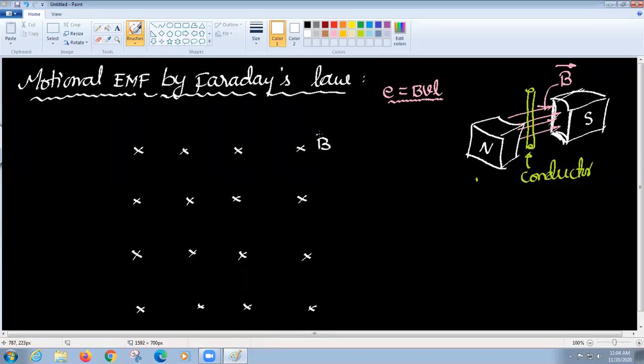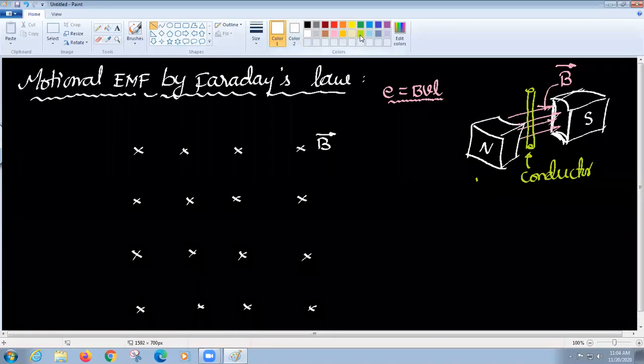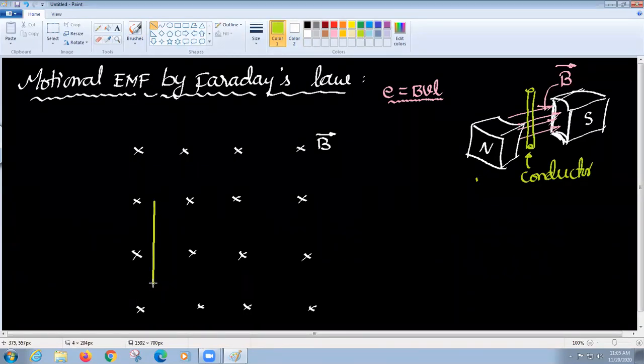Now say you have your conductor. Initially, say our conductor is here, and this conductor has length L. Say this is your MN conductor.